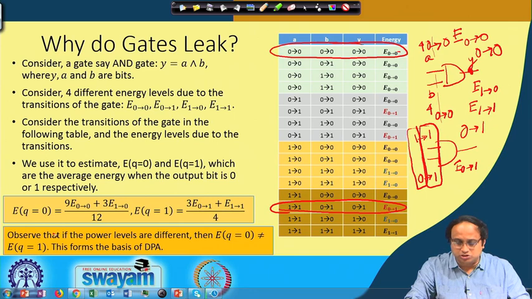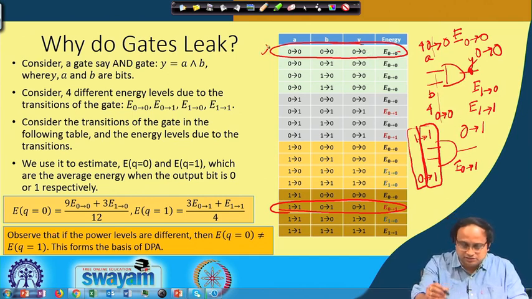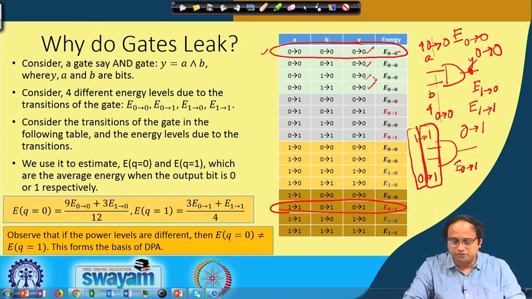E(Q=0) covers those cases where the output results in 0. You can observe that this is such a case. Likewise, this is a case where the output becomes 0, and likewise for all these cases. Here, in the black case also, the output results in 0, but this one is an E0→1 transition, meaning the gate becomes 1 after the transition, so we will not put this in this bin.